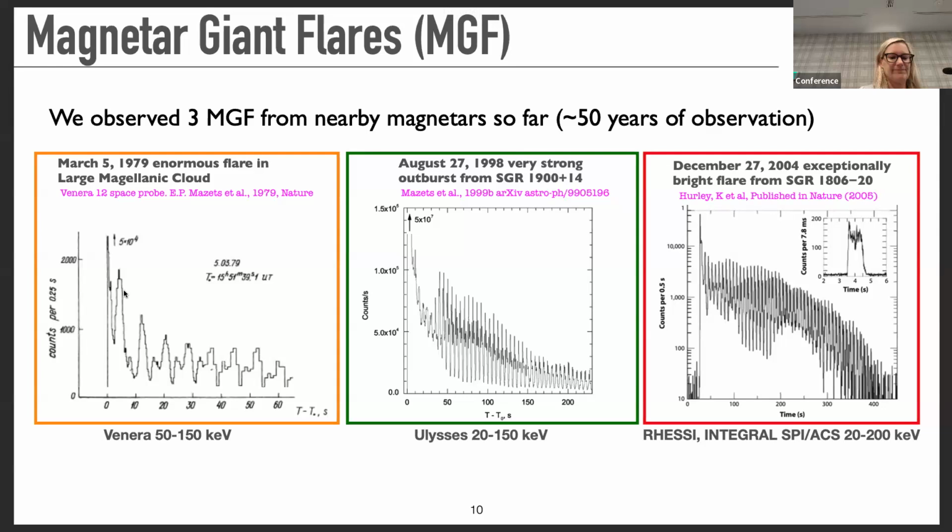Here are the 3 magnetar giant flares that we observed nearby: one from the Large Magellanic Cloud in 1979, and 2 from our own galaxy, in 1998 and the latest one in 2004. They are all characterized by a very bright peak, which is also millisecond long, and a periodic cooling, dying-in-time tail.